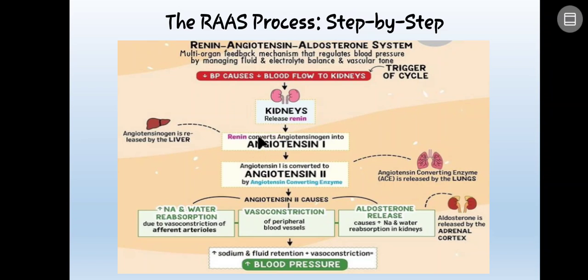This angiotensin 1, which comes from the angiotensinogen that has been converted by the renin, is now in the blood.